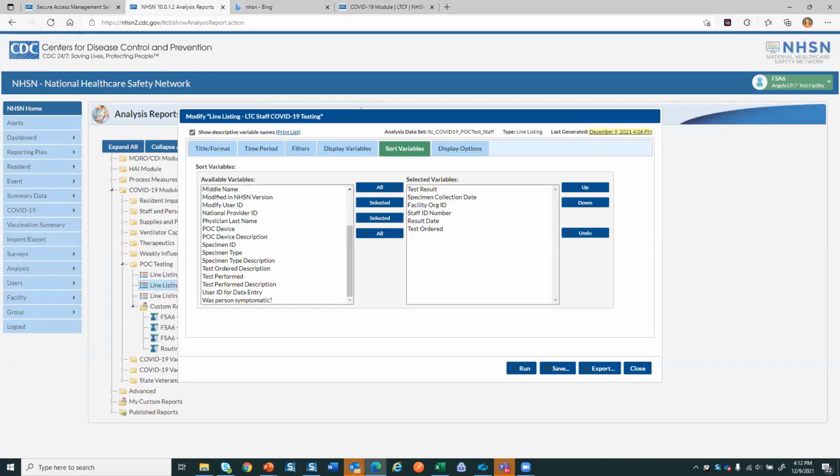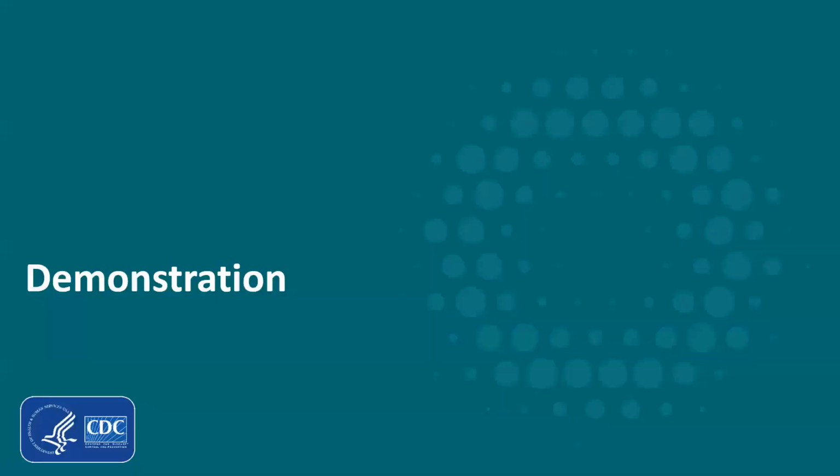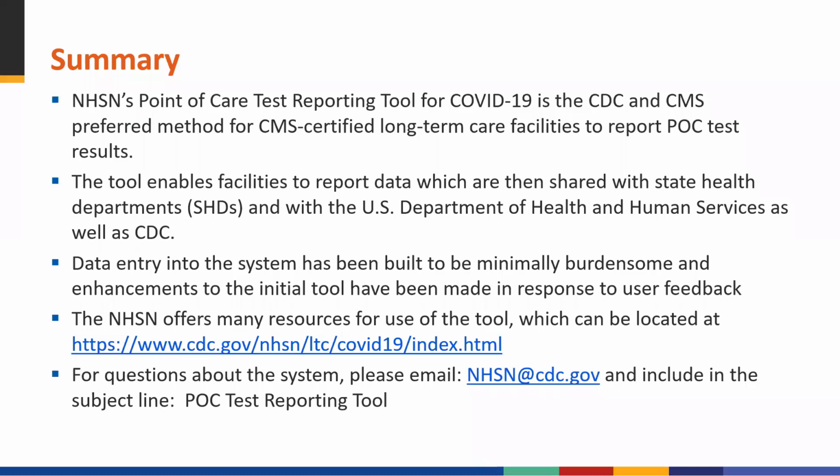So we're going to go back to our slides really quickly and summarize that the NHSN point of care test reporting tool for COVID-19 is the CDC and CMS's preferred method for CMS certified long-term care facilities to report their POC test results, and it enables the facilities to report the data, which then gets shared with required entities, which are the state health departments and the US Department of Health and Human Services, as well as the CDC.